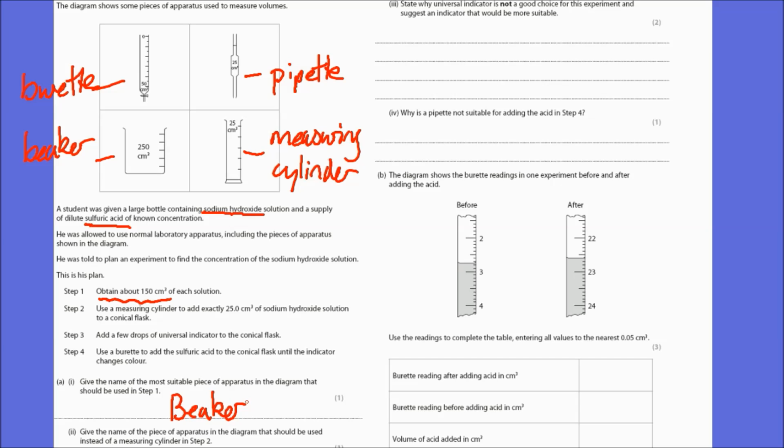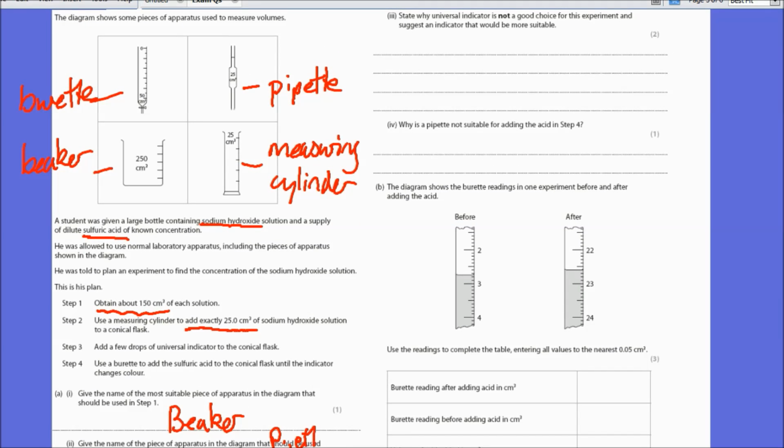That is sufficient. And in step 2, give the name of the piece of apparatus in the diagram that should be used instead of a measuring cylinder in step 2. Now step 2 says that you just want to add exactly 25, and the pipette does that exactly. So the answer here is pipette.